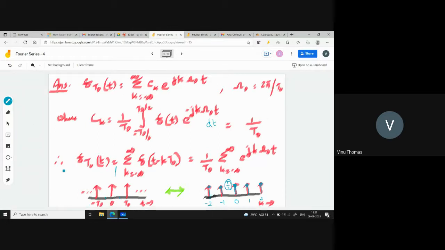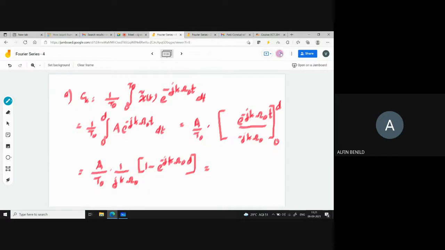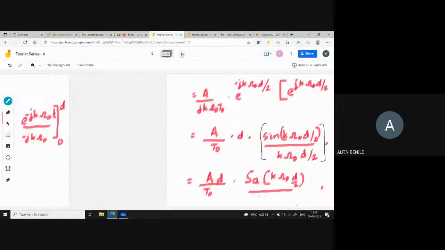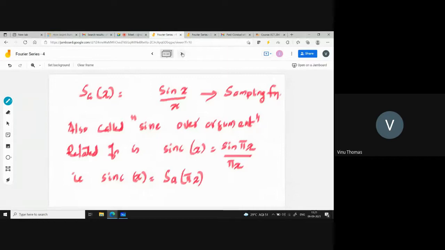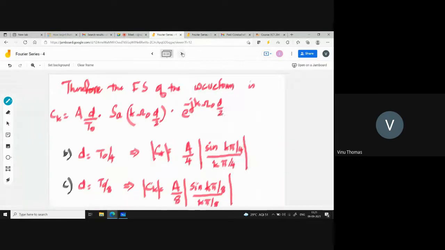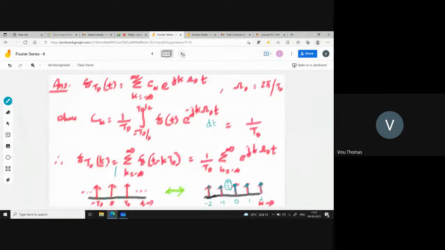Alvin, what is a Kronecker delta? At 0, the value will be 1, and at all other indices the value is equal to 0. So again you have a 1 by t0 and a Kronecker delta, which are shifted. So this is the line spectrum.